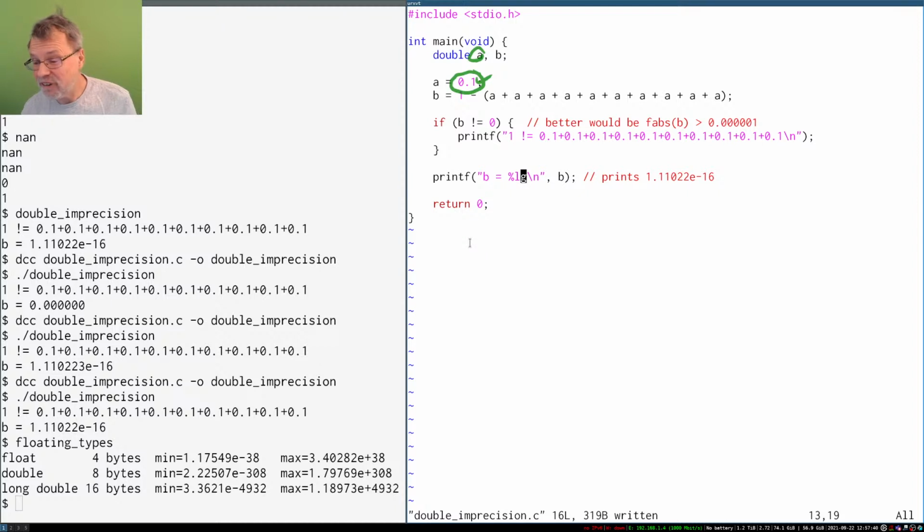There's one that's very, very close, only 10 to the minus 16 away or something of that order, but there's none that's exactly 0.1. Alright, and that's our issue. Now, we're going to get much more into the details.